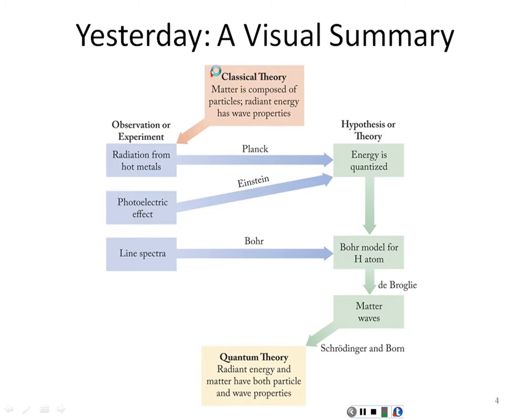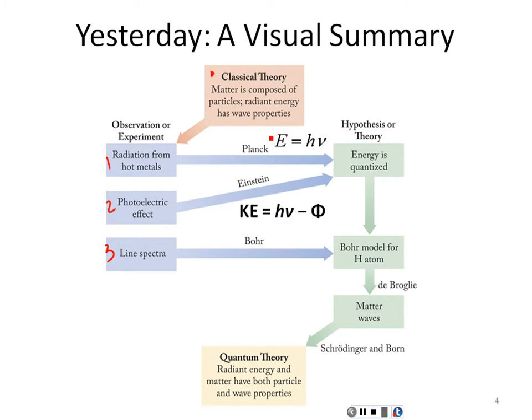Radiant energy, such as light, has wave properties. But there were, remember, three observations that didn't match up with classical theory. One was black body radiation, and Planck used his theory that energy is quantized, shown here with Planck's equation, to explain these observations.